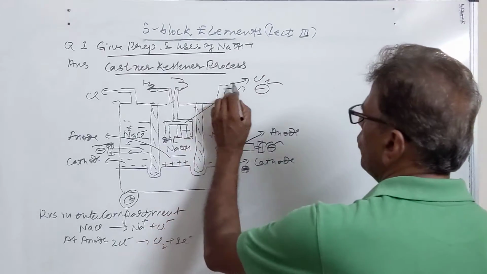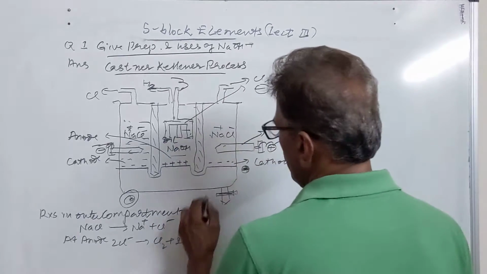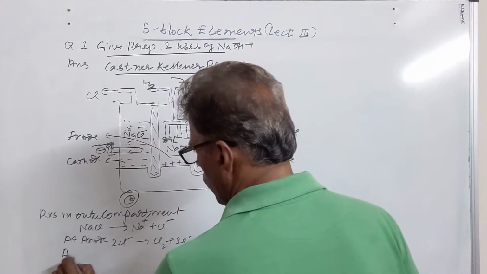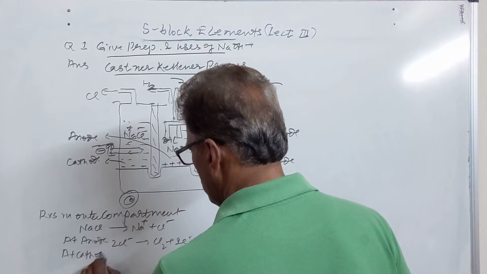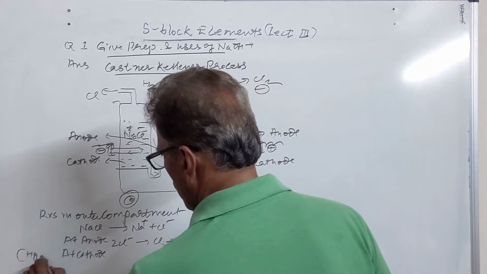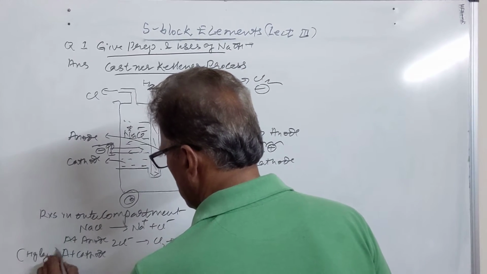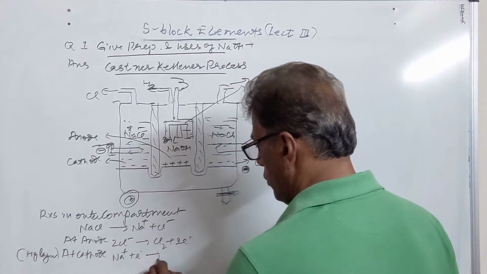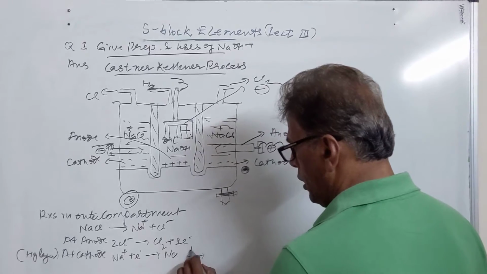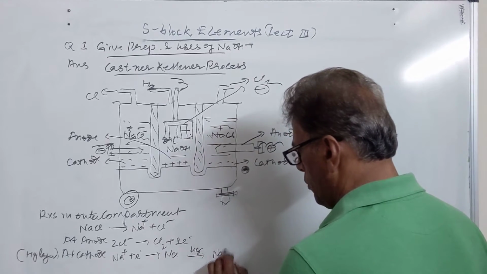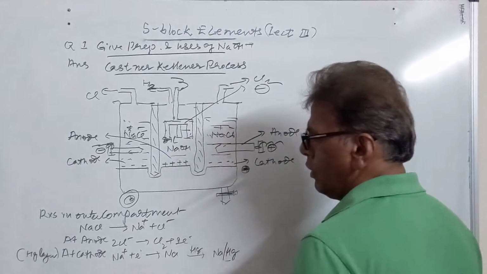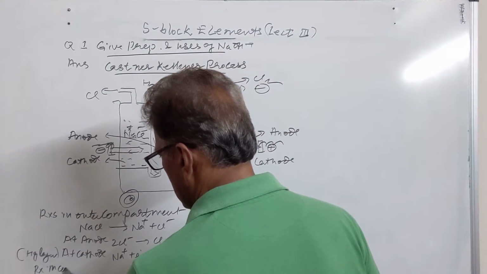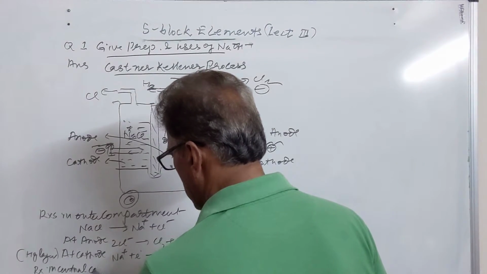It escapes out from this rod, and at the cathode, that is the mercury layer in the outer compartment, sodium takes up an electron and combines with mercury to give sodium amalgam. It is brought into the central compartment.